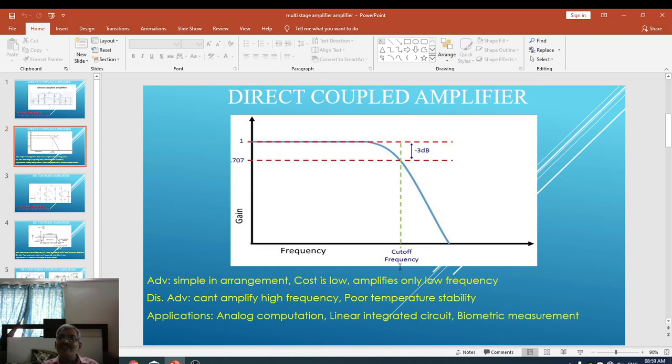As frequency increases, the gain of the amplifier almost remains constant. Look here, up to this particular frequency, voltage gain remains constant. After this particular frequency, naturally the gain of the amplifier goes on decreasing.